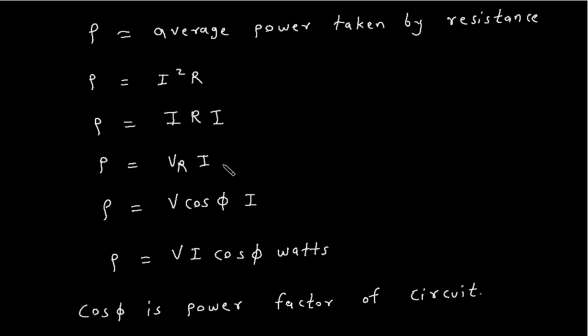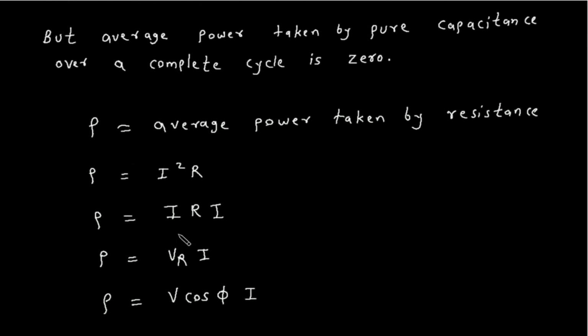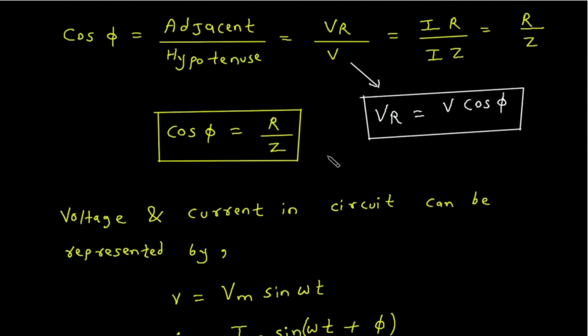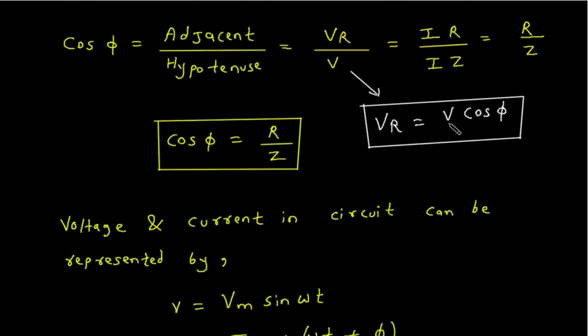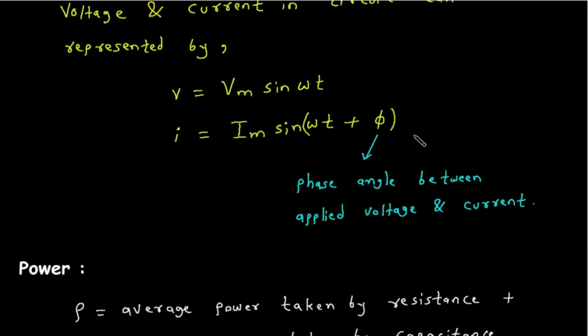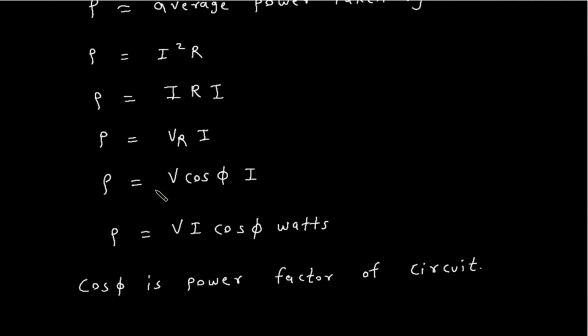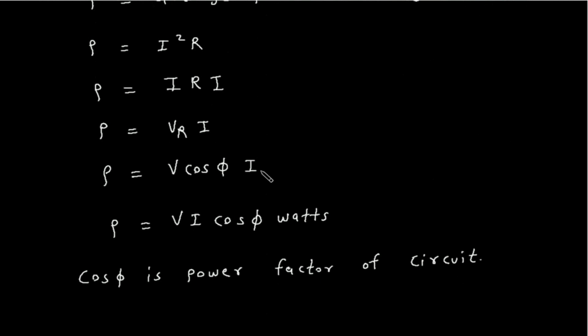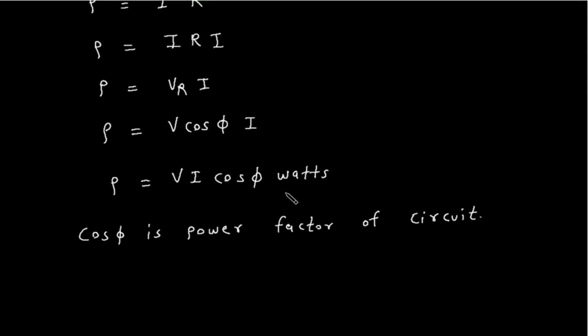So VR into I. Now this VR can be replaced by V into cos phi. So V into cos phi into I. So power is equal to VI cos phi watts. The unit of power is watt. Cos phi is the power factor of the circuit.